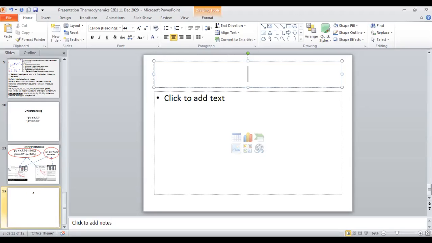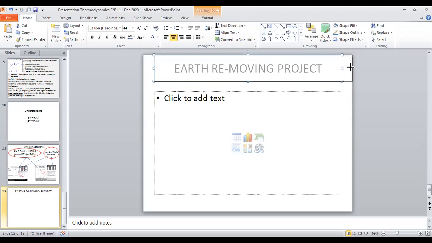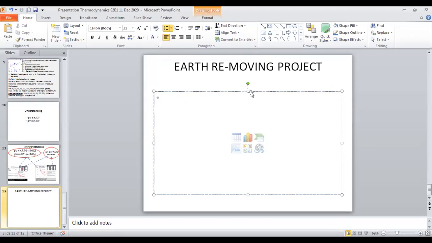Okay, earth removing. Let's say removing means removing. Okay, project. Okay, earth removing project. Let's say imagine that, so this project, earth removing project.